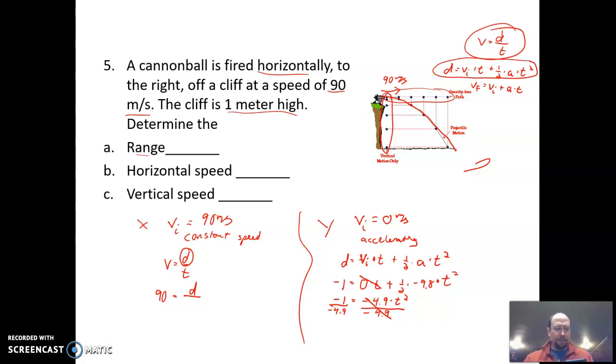I can't do it in my head. 1 divided by -4.9, I get 0.204 is equal to t squared. But I'm not done. I need t, not t squared, so I have to take the square root of both sides. If I do that, I get 0.452 seconds for that time.